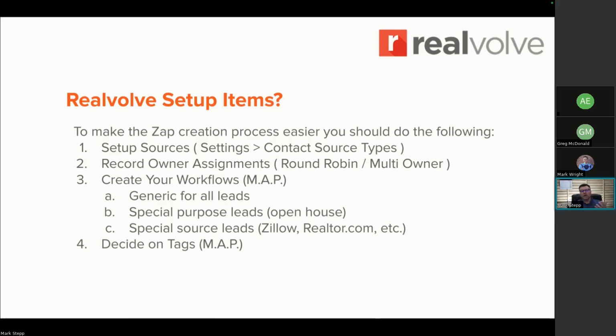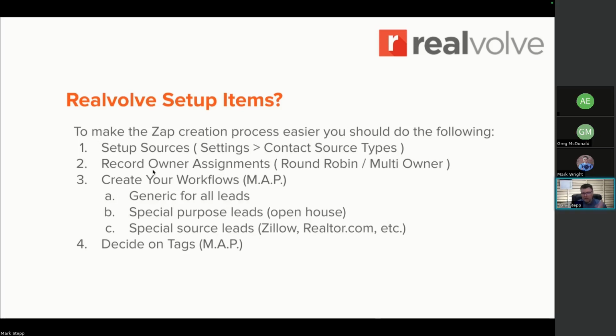If you're using it for other things, Zillow, realtor.com, whatever, identifying which source a name came from can be extremely important when you're trying to identify which services you're using are producing leads. Knowing those sources is important. So make sure you've got your different sources set up for whatever you're going to do with the Zap.